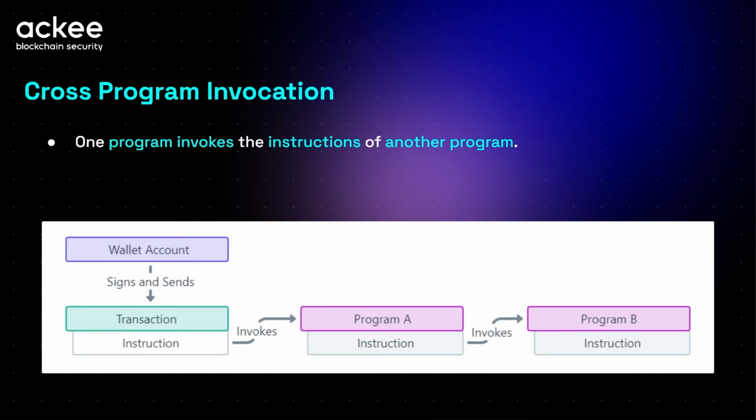Based on the instruction, it calls the desired functionality in program A. But what can also be done is that the logic specified in program A calls another program, program B, and some instruction from program B. So this is the basic idea. As you would send a transaction from the off-chain part to the network in order to invoke program A, you can do something similar within program A to invoke logic from program B.